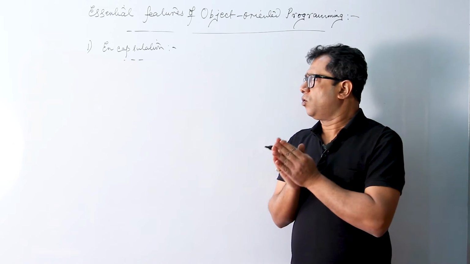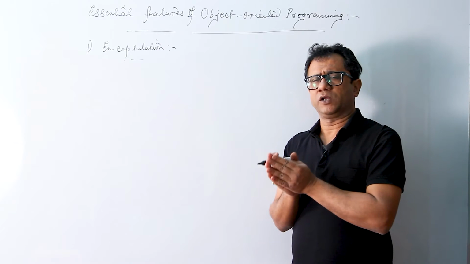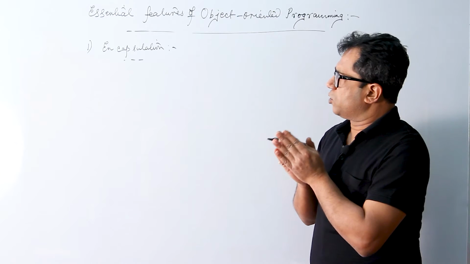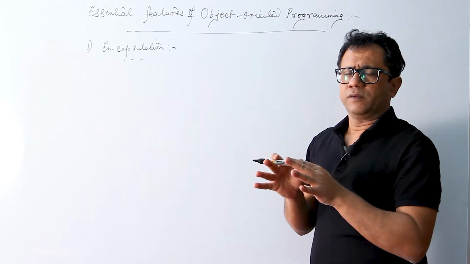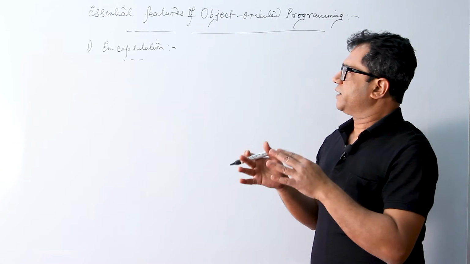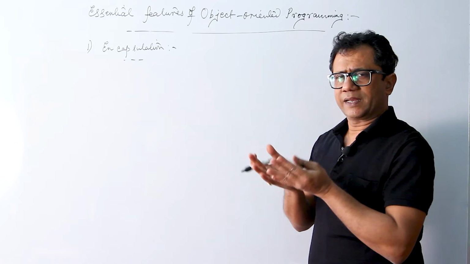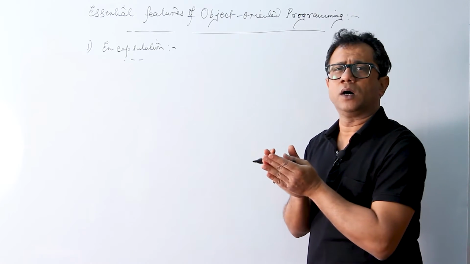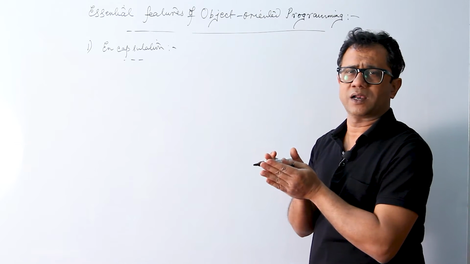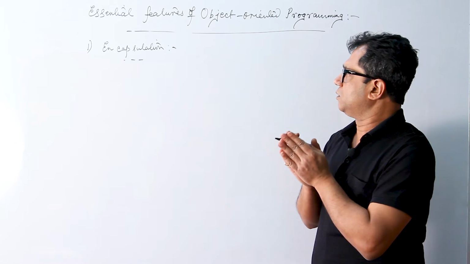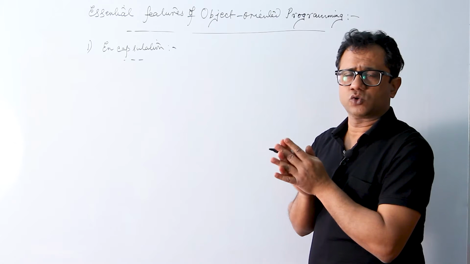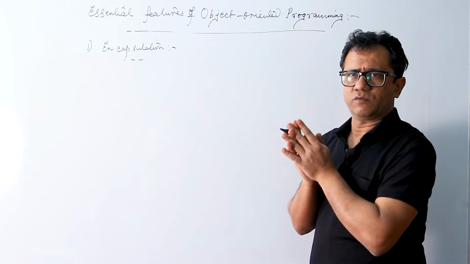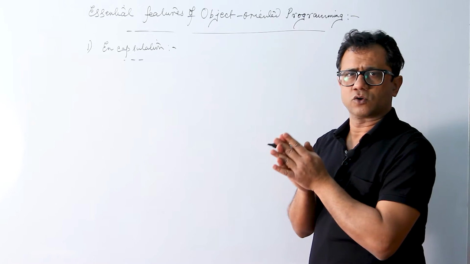That is, all the data pertaining to a particular thing and the operations performed on the data, that is the functions, are to be encased into a basic unit called a class, of which there should be some instances, and those instances are examples of that class, and those are called the objects.